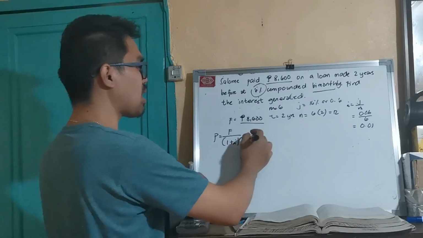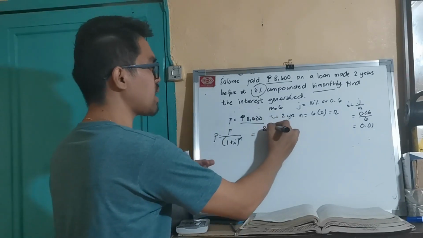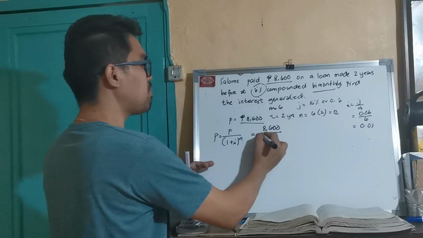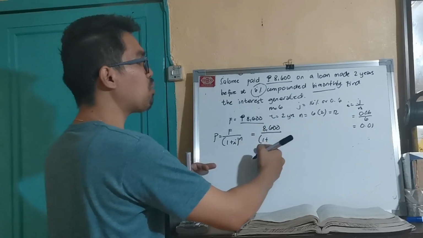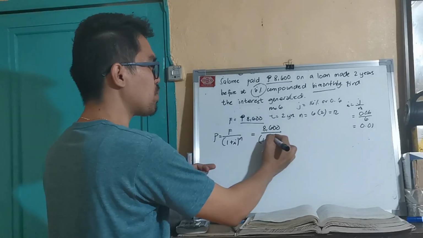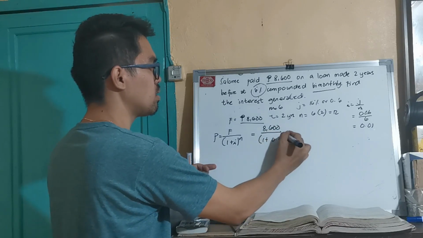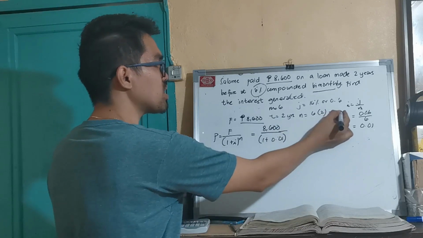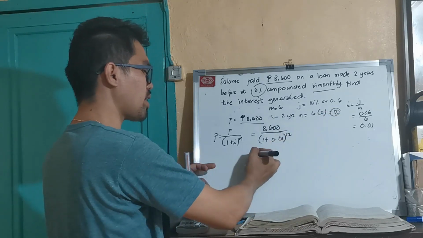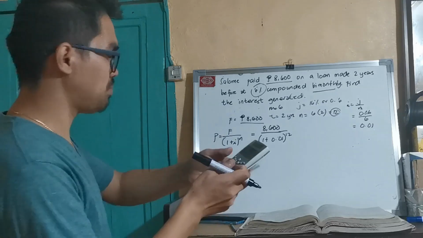So, let's substitute now. Our future value is 8,600 divided by 1 plus our i, which is 0.01, raised to our exponent n, that's 12. Okay, there you go. Let's compute now.